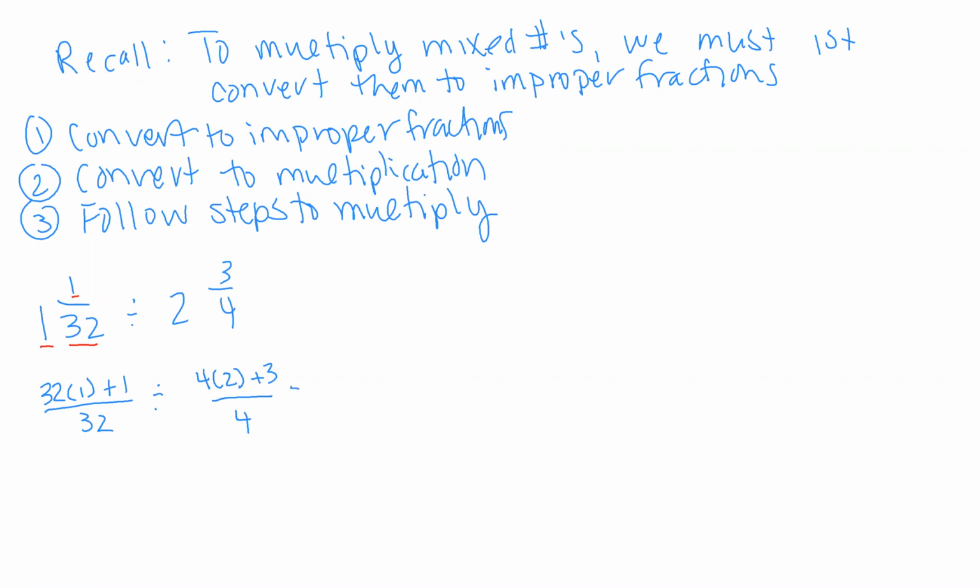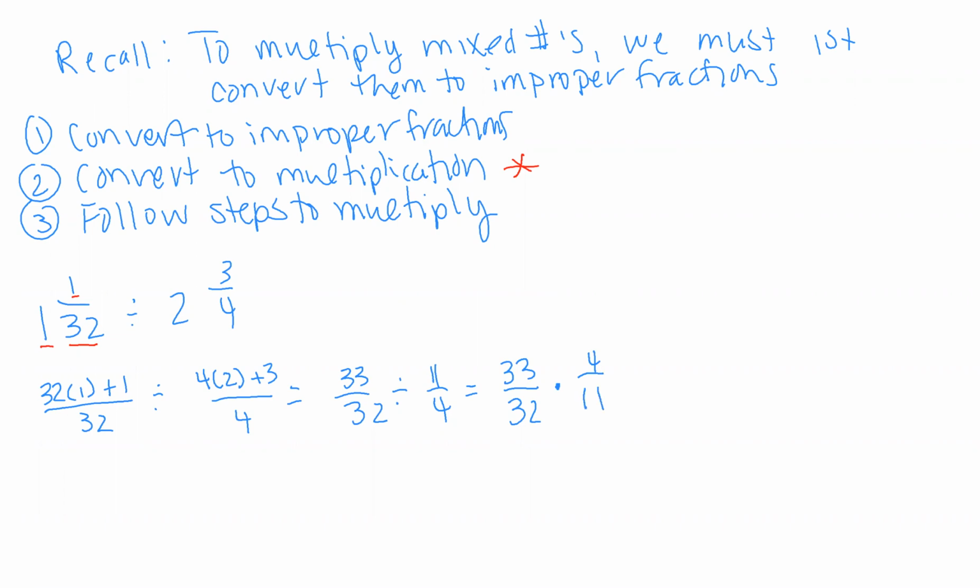Let's clean that up. So I'm going to get 33 over 32 divided by 11 over 4. All right, I've converted to improper fractions. Now I want to convert to multiplication. That means 33 over 32 gets multiplied by 4/11.